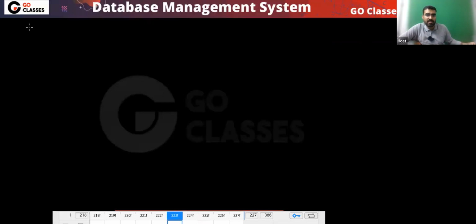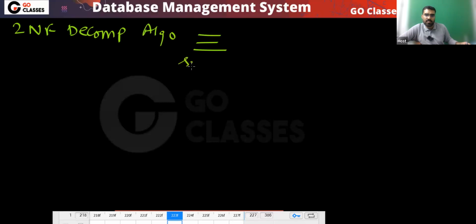See, this is a very different algorithm from 2NF and BCNF. Can you notice the 2NF and BCNF decomposition algorithms are very similar, right? This 2NF decomposition algorithm is very similar to the BCNF decomposition algorithm, correct?